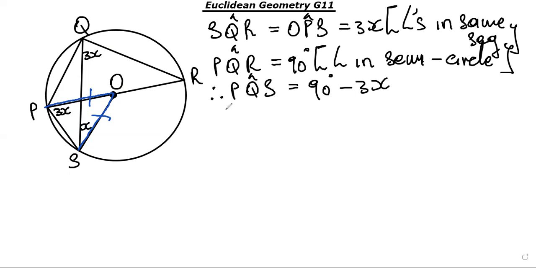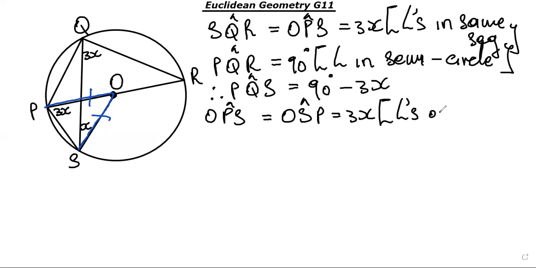So we begin by saying angle OPS is equal to angle OSP, and both of them are just 3x because they are angles opposite equal sides. So we know that the whole of this angle is just 3x, right?